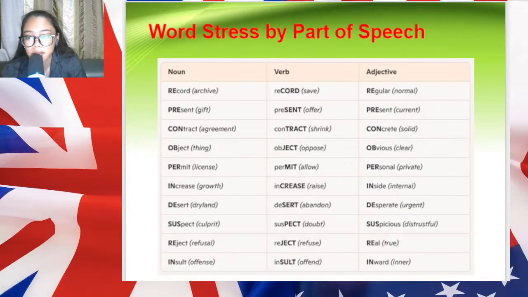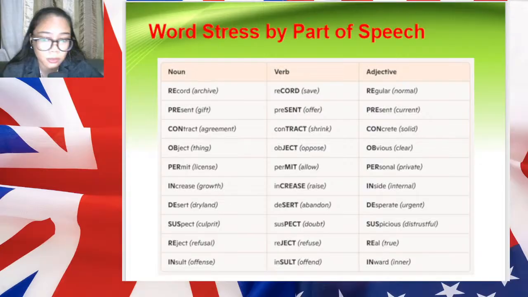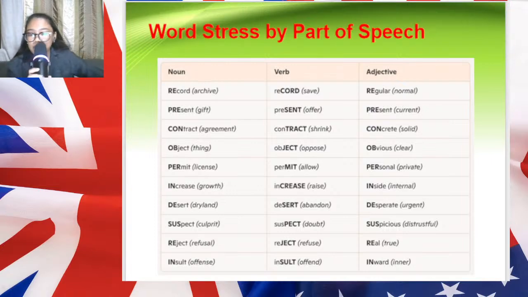I'm sorry, suspect. Suspect is the culprit, and then suspect the verb, the action word, which is the act of being doubtful, not abandoning. Okay? In the adjective part, suspicious, instrumental. So yeah, I've already added so many here.